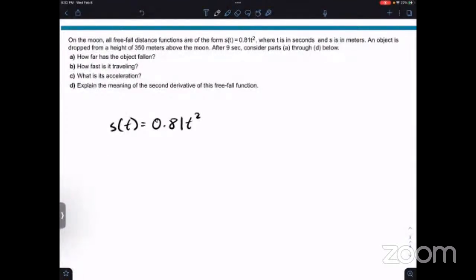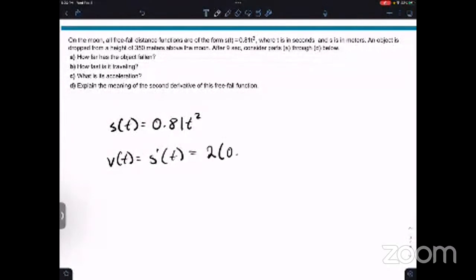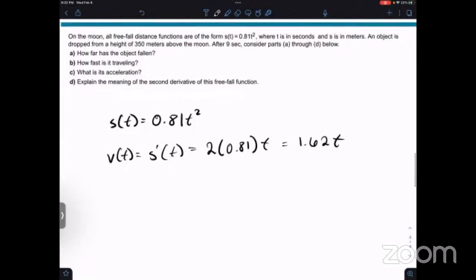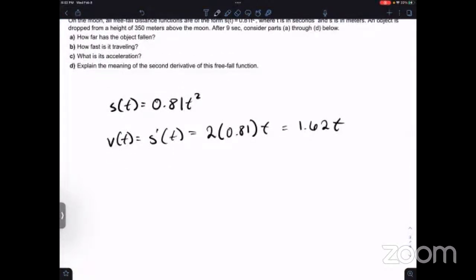So then the 2 comes down, it's going to be 2 times 0.81 times t. So then I think we get 1.62 times t, and then you just let t be 9 for this one, and that's how we got the answer. And then for the acceleration function, that's going to be the second derivative of our position function, which is the same as the first derivative of our velocity function.